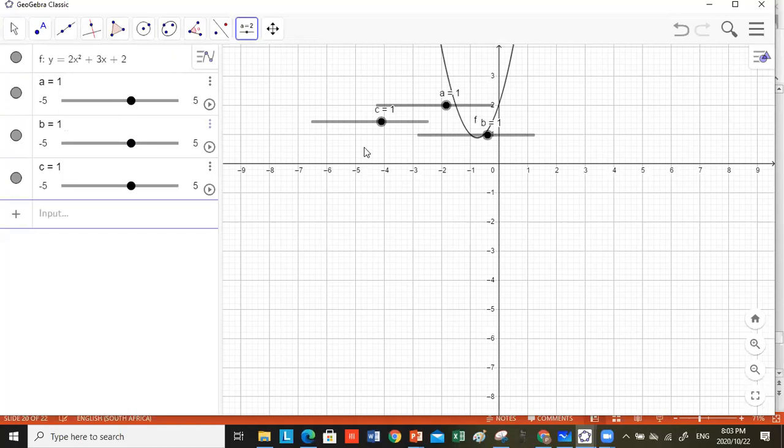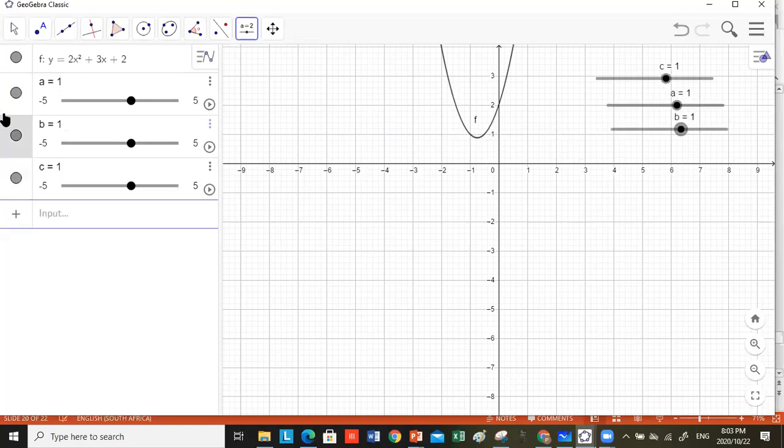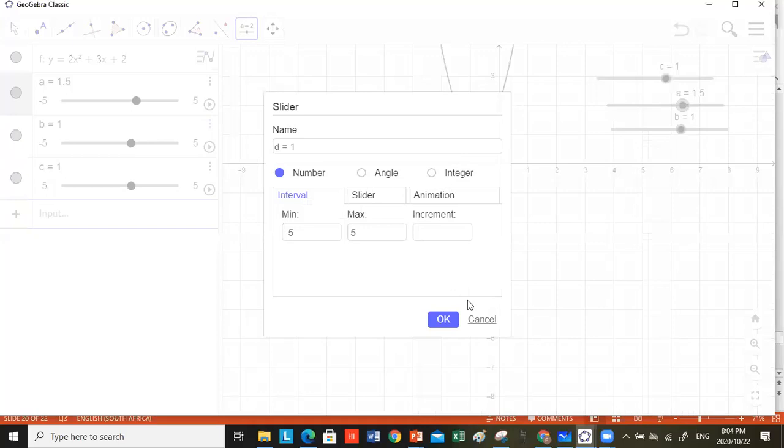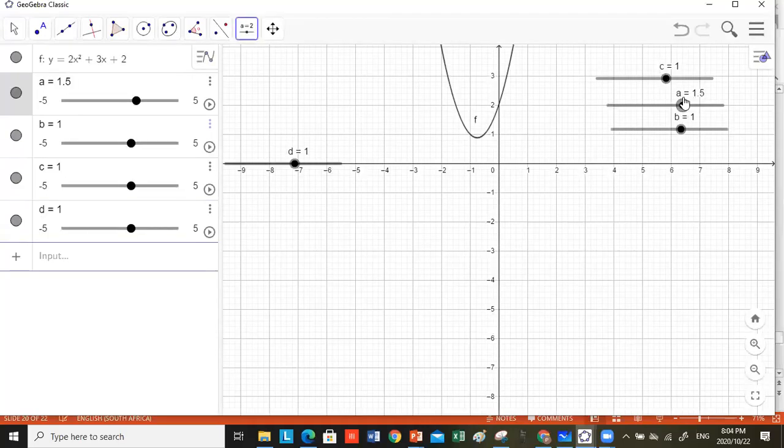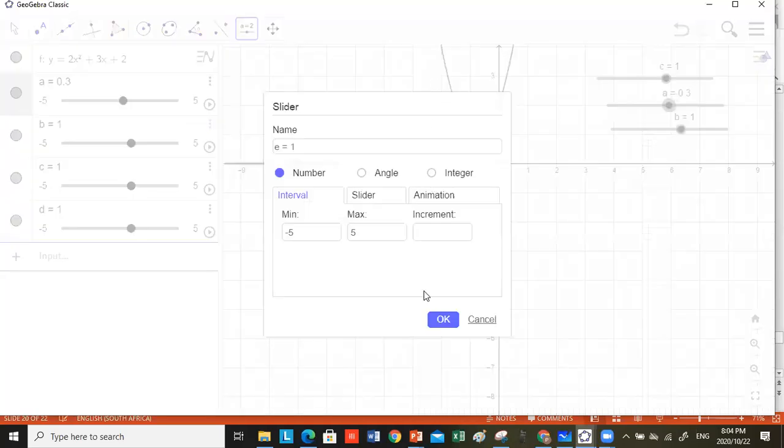Let me remove these here. Look at this, if now I'm increasing my A. Oh, but you can help me here, this is not responding well.